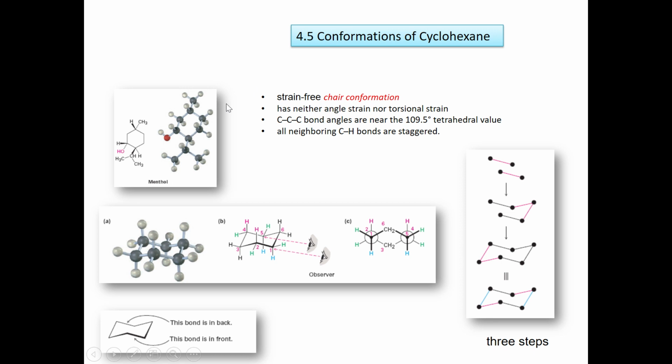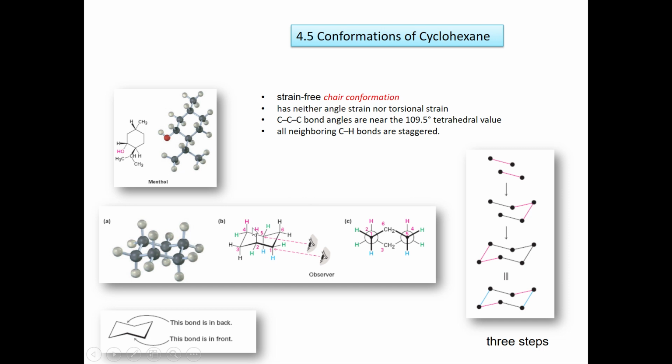And here is the cyclohexane. The cyclohexane is the 6-membered ring. Formally, the angle has to be 120. However, it can take this puckered conformation that is called a chair. Okay, this chair is a strain-free conformation.